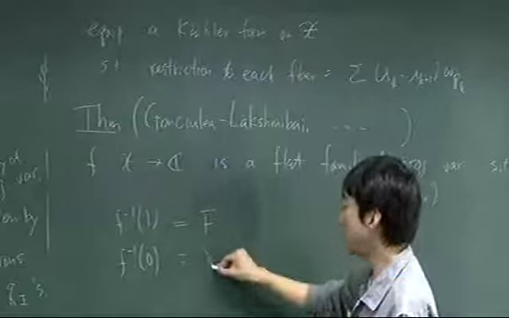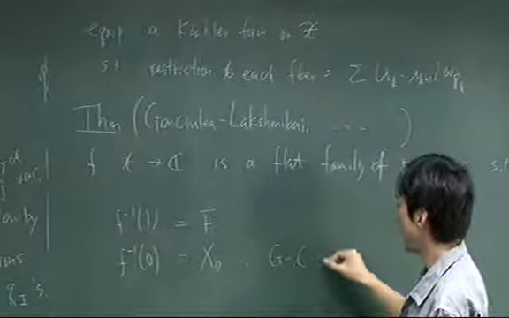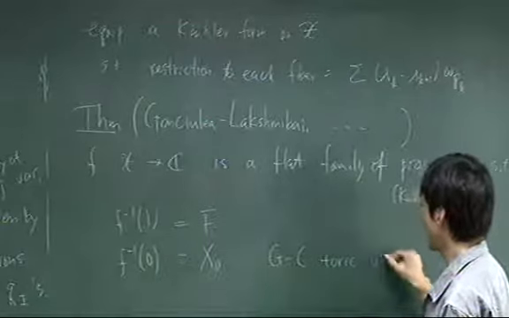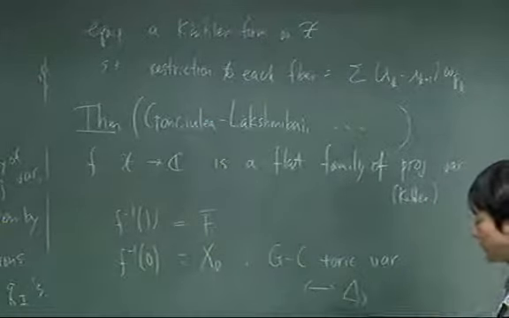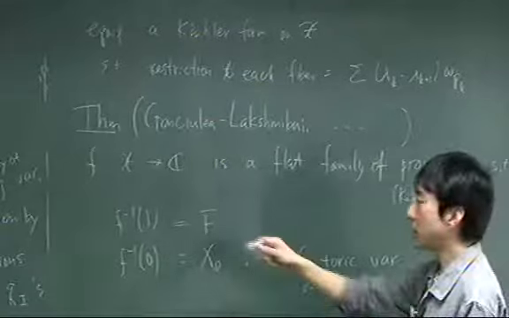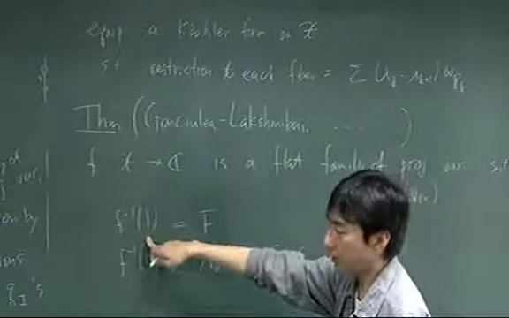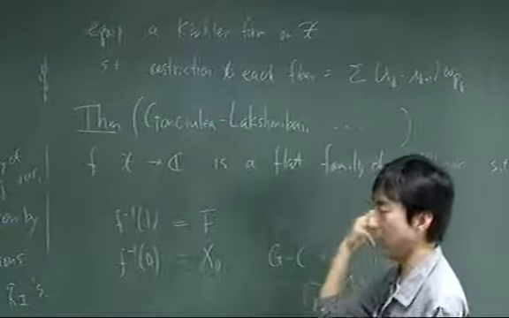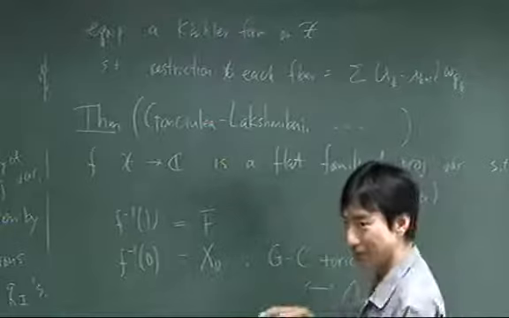And actually, this coincides with the Gelfand-Cetlin toric variety, which corresponds to the Gelfand-Cetlin polytope. And a general fiber, if t is not equal to 1 and 0, is isomorphic to a flag manifold as a complex manifold.